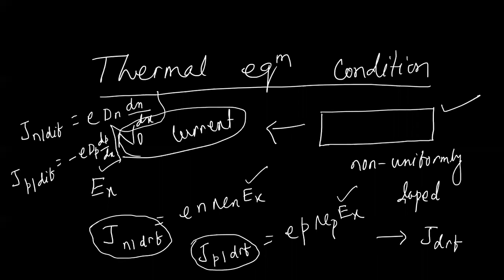But the sum total of all these four terms in the total current density must be zero, right? We said the total current density is zero because there is no external excitation given. Individually, the current density due to electrons must be zero, and the current density due to holes must also be zero.